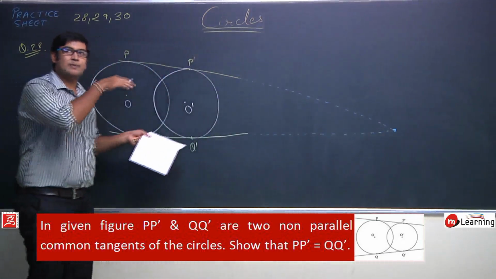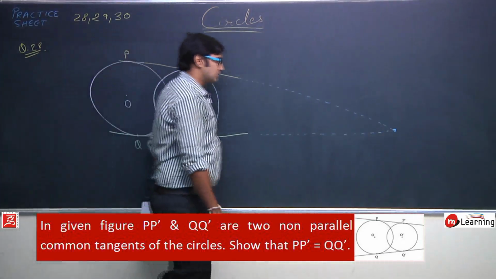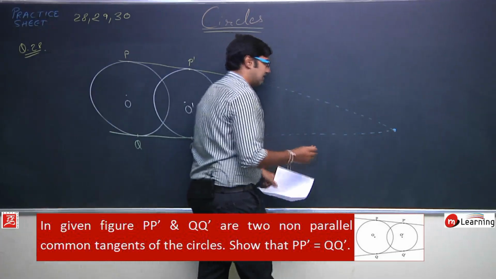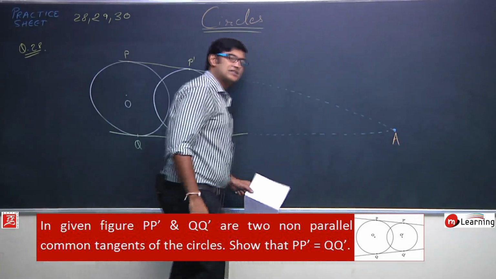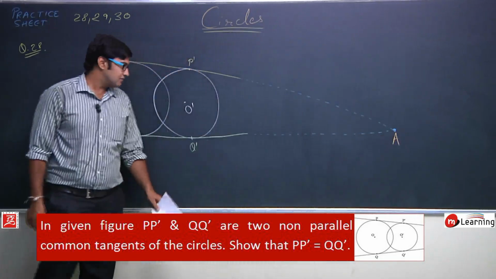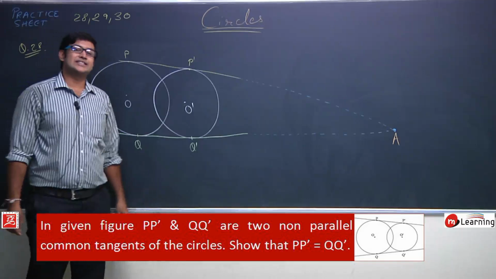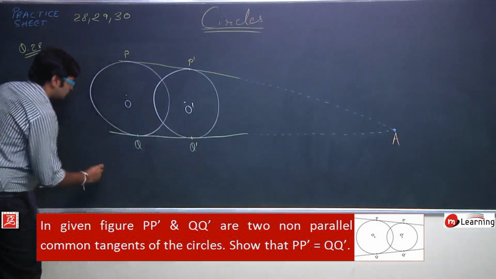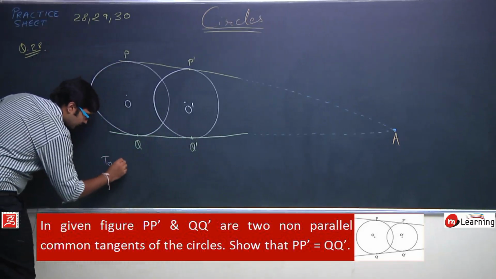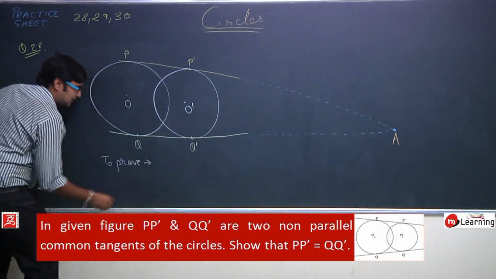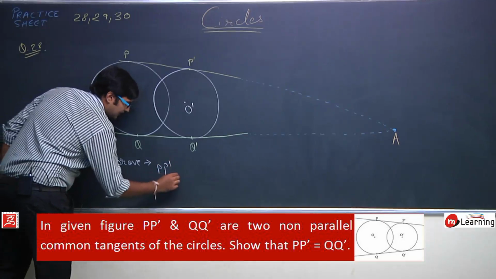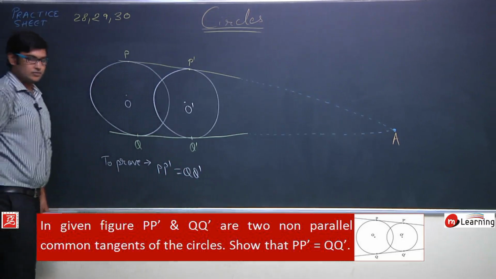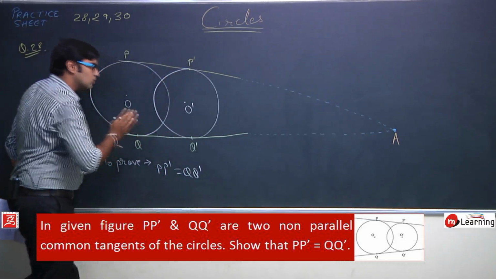You can see the span is very large. It is intersecting at this point. Let us suppose this is the point A at which both the tangents are intersecting. Now we need to prove that PP dash is equal to QQ dash.